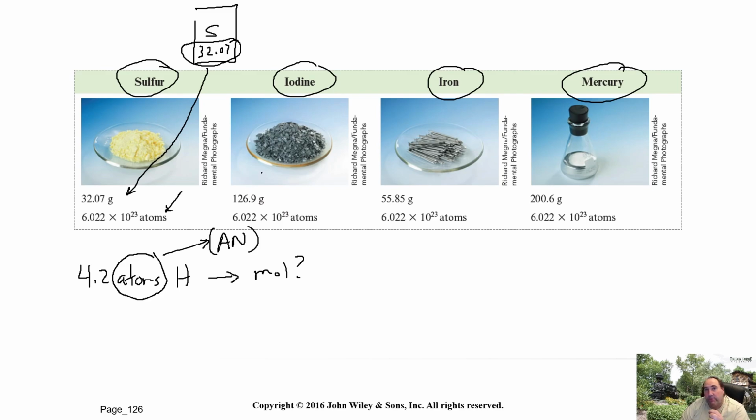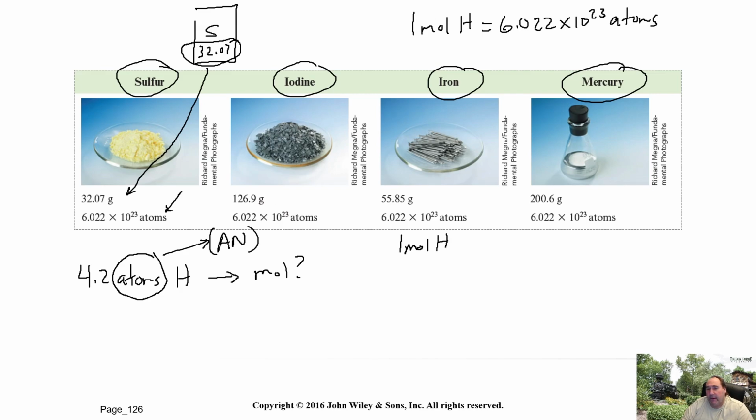Again, it's those words: I got atoms, I got molecules either given to me or that's what I'm solving for. That automatically tells you Avogadro's number needs to be involved. So we saw earlier that 1 mole of hydrogen is equal to 6.022 times 10 to the 23 atoms. That's going to give us our 2 conversion factors as I wrote on the previous page.